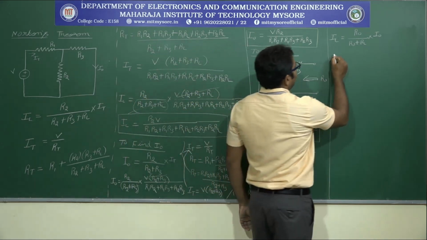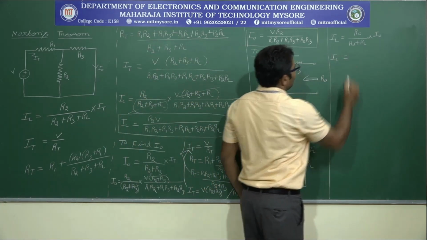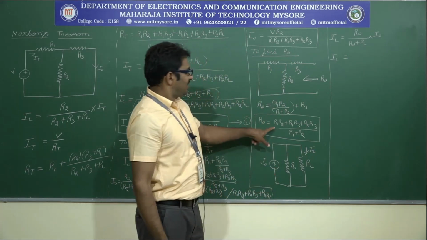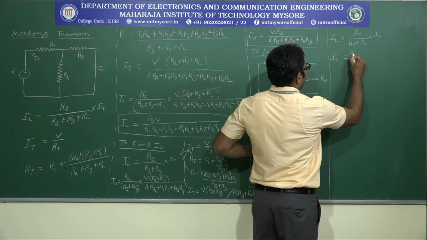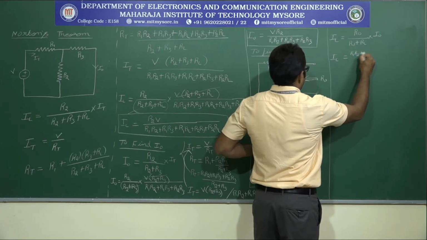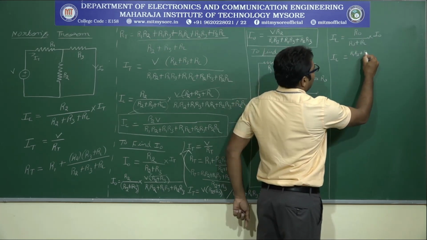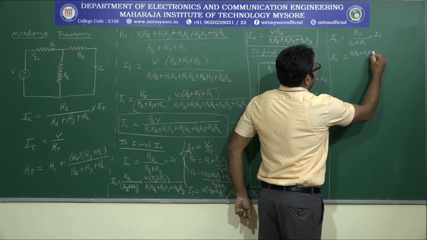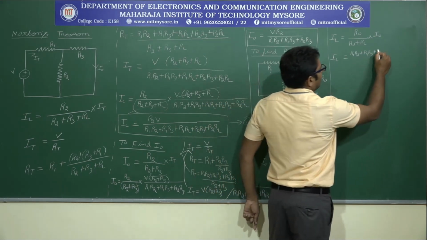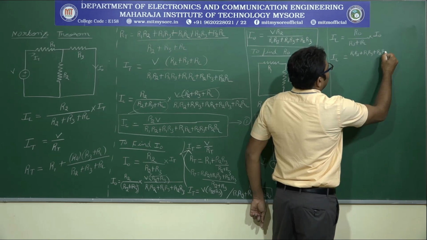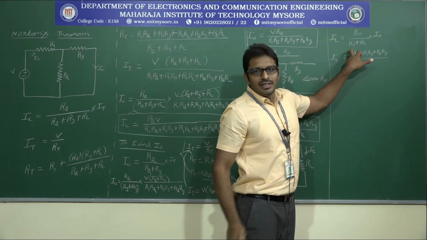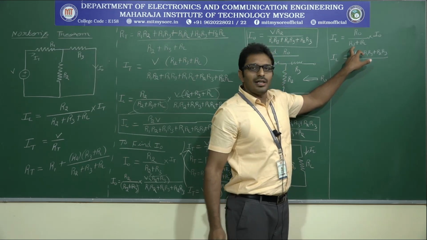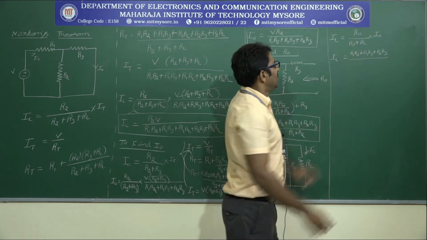Next, IL is equal to, what is R0? We have an equation for R0: R1 R2 plus R1 R3 plus R2 R3 divided by, let me substitute R0 as it is. I will substitute this R0 in the later stages.